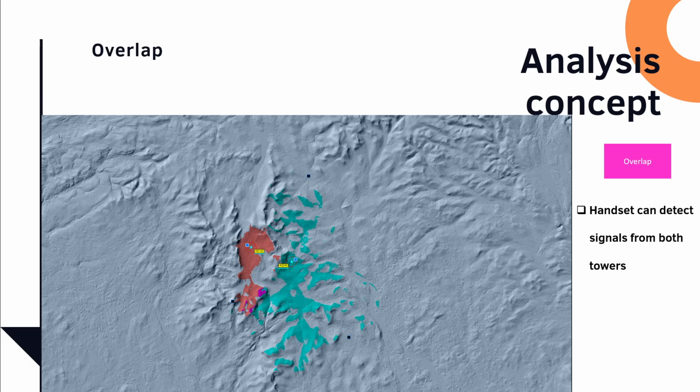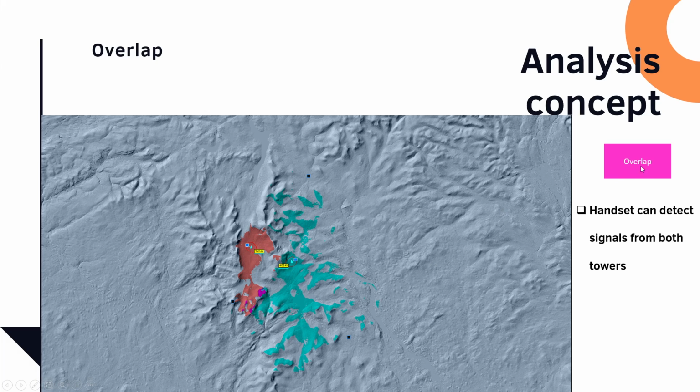Now overlap. We spoke about composite coverage, we spoke about the best server. Now overlap. Overlap is identifying the locations or areas where reception is possible from two cells, or more. In this case I have only two cells activated on the map, just to illustrate this. So you've got two cells, and the pink color is here.